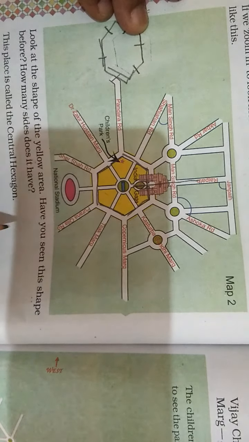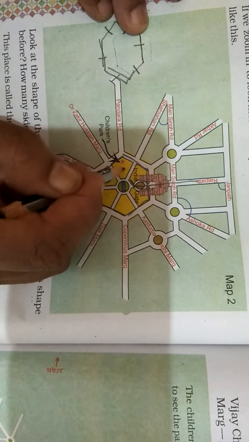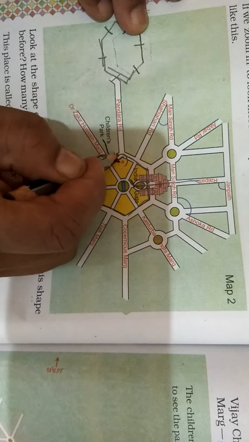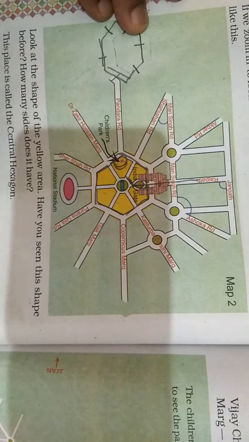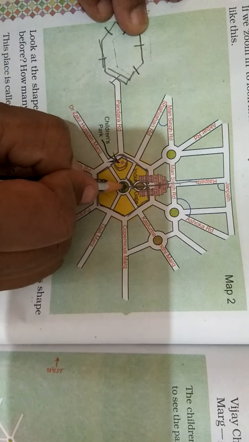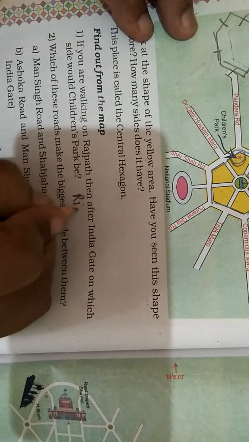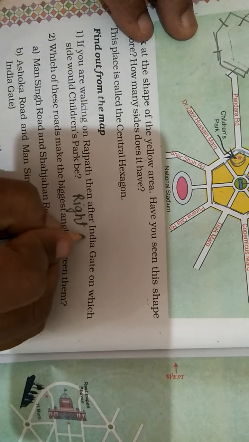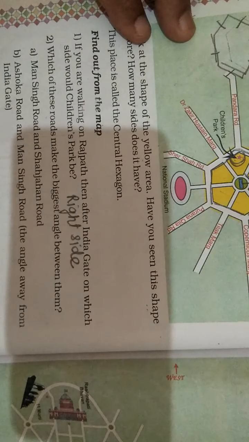It means you are facing this side. So on which side is your Children's Park? See, this is Children's Park. Yes, if you are walking from this side, it would be to your right side. So the answer to this question is right side.